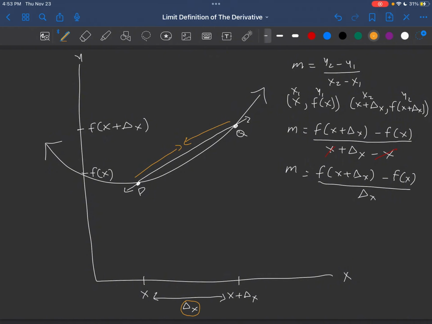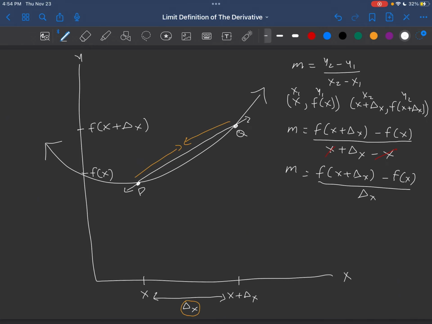As P and Q get closer to each other, the value of delta x will approach 0, right? Because delta x is a distance. Meaning that as those points P and Q get closer to each other, delta x is approaching 0, giving us the slope of the tangent line.